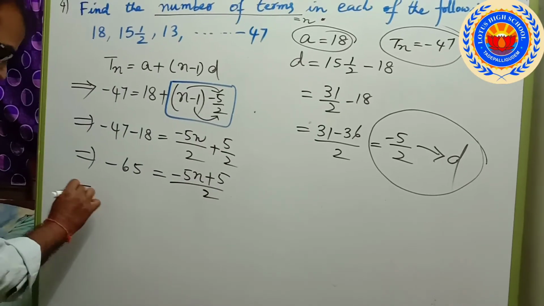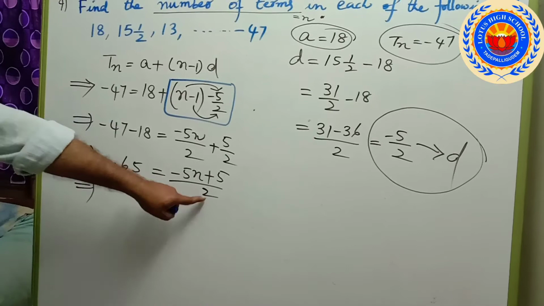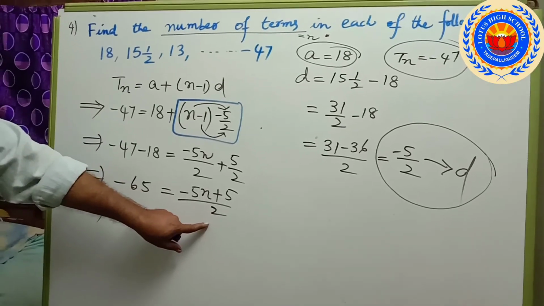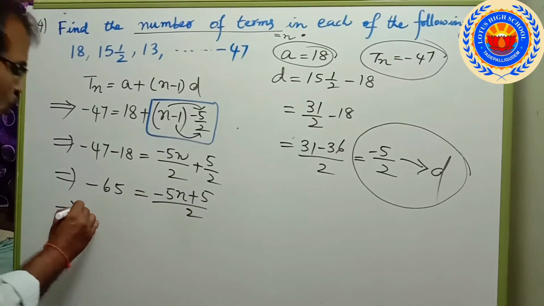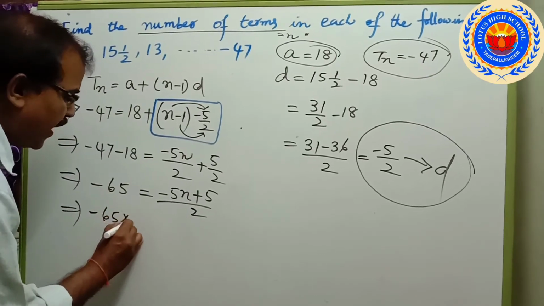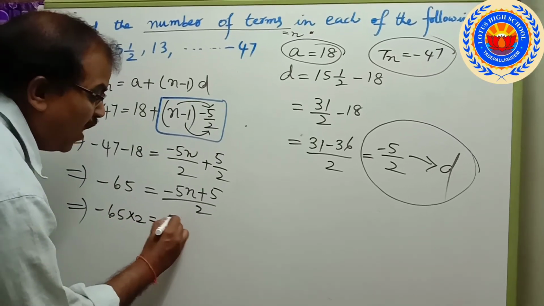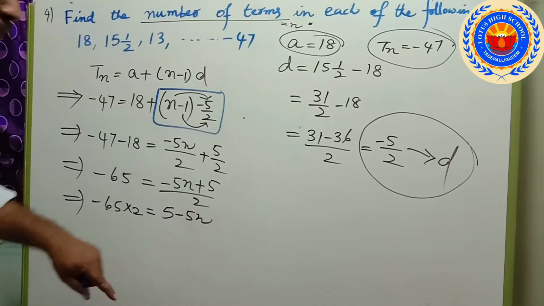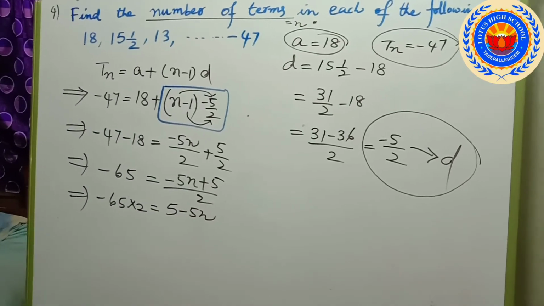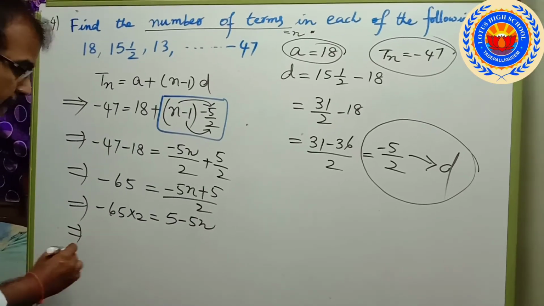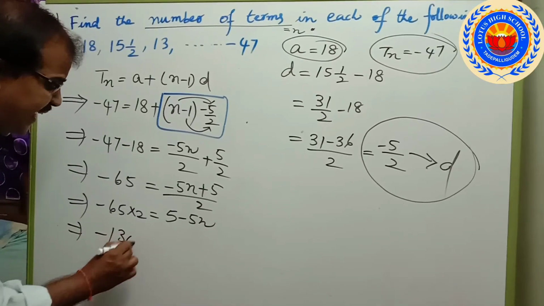That implies transposing: by 2 will be transposed from RHS to LHS into 2. So minus 65 into 2 is equal to 5 minus 5n.